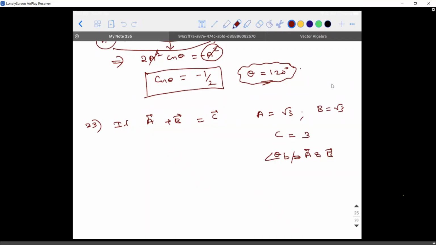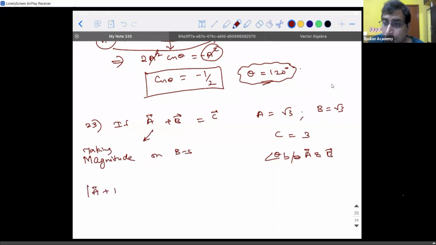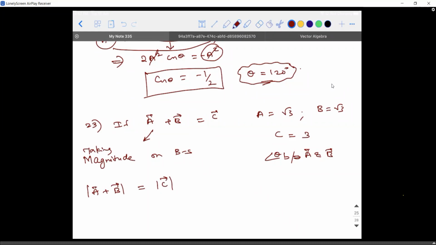From this, what I will do, a new thing you are learning today, is taking magnitude on both sides. Can I write magnitude of A vector plus B vector is equal to magnitude of C vector? Correct.